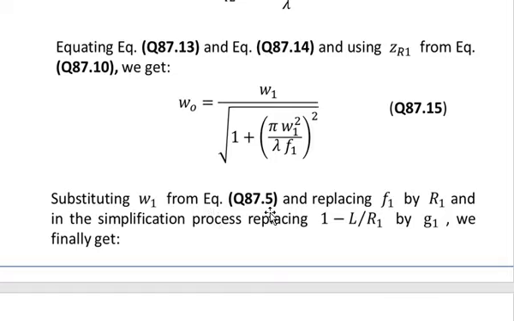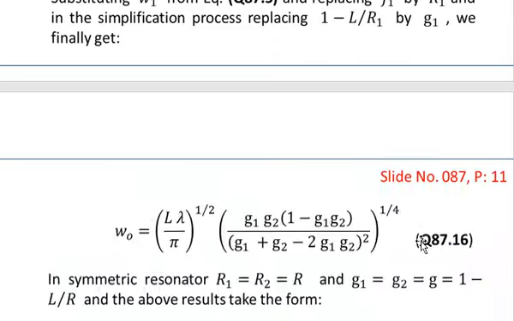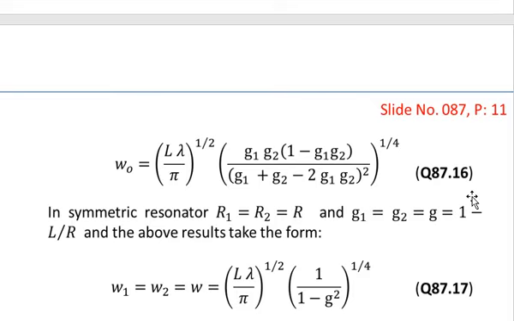Substituting w1 from equation number 5 and replacing f1 by r1 in the simplification process, replacing 1 minus L over r1 by g1, because we want to introduce the g1 parameters, the final result we obtain is given in equation number 16.